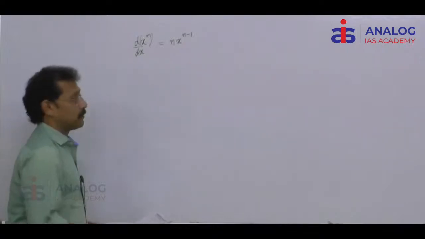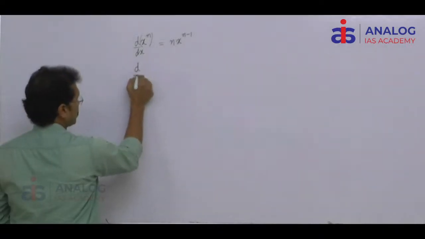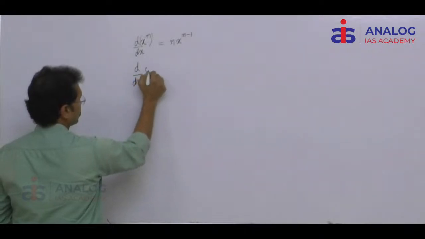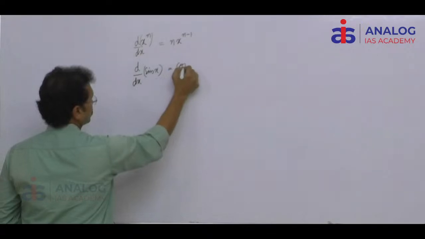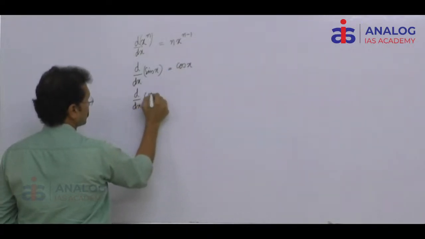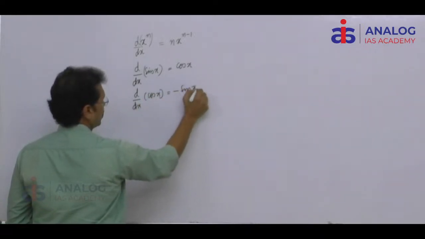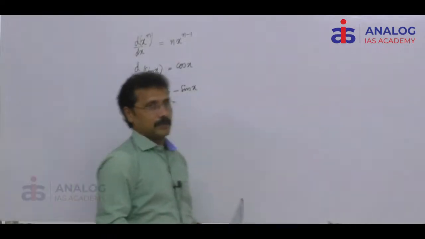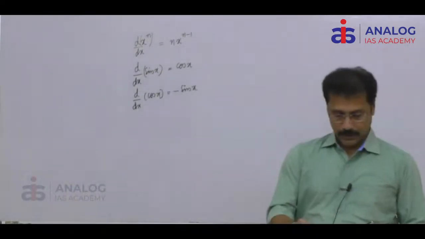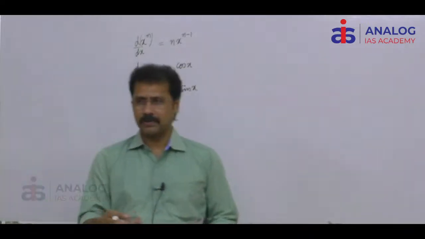And what is the differentiation of sin x? Differentiation of sin x would be cos x. Similarly, differentiation of cos x would be minus sin x. I don't want to write all of them here. Anyway, all of them are listed here, so I just read them out so that you can refresh them.